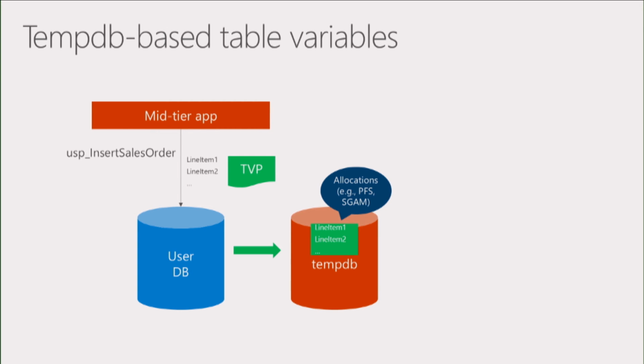And this is where some concurrency bottlenecks come in. A lot of allocation needs to take place. Each table valued parameter has some corresponding allocations that need to happen. And if you have a lot of those happening at the same time, you hit concurrency bottlenecks. Also, all the operations that happen in TempDB are logged, so it's all written to the transaction log, and that is for rollback purposes.